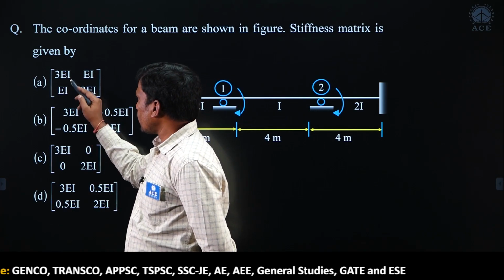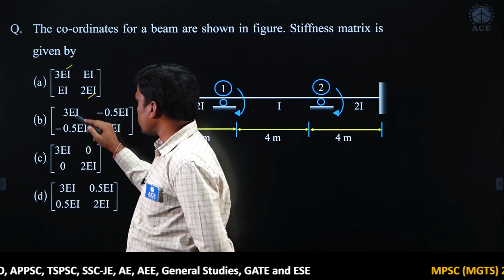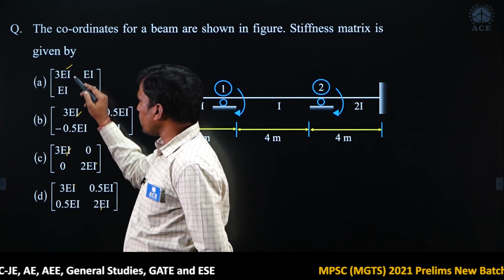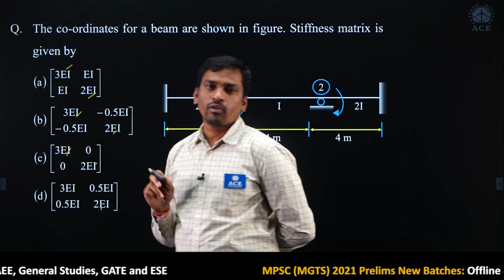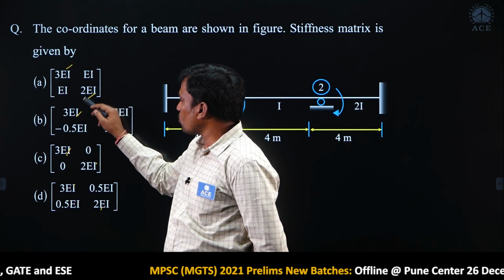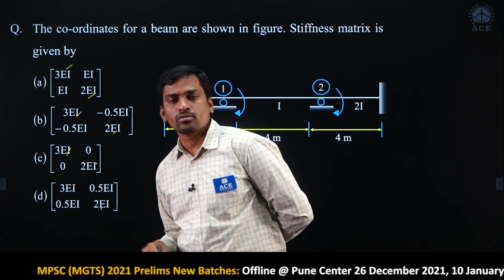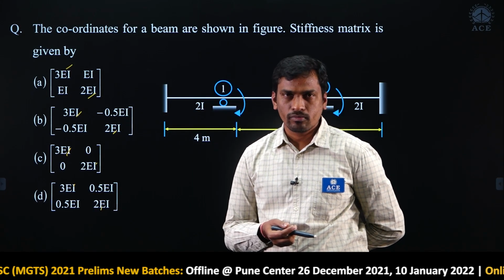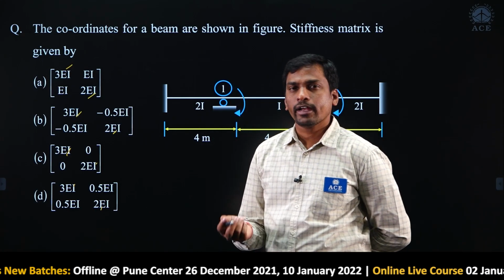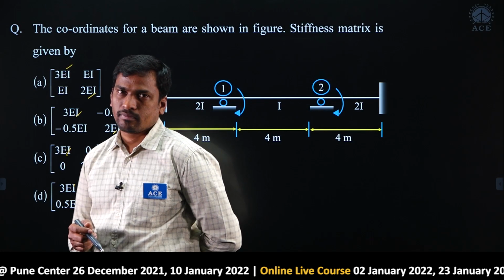If you see here in option A, 3EI, 2EI, 3EI, 2EI, it means in all the options the k11 and k22 values are the same, yes or no? Then students, there is no need to generate the stiffness coefficients k11 and k22. The only thing is we have to find k12 and k21, but I told you the properties of the stiffness matrix.